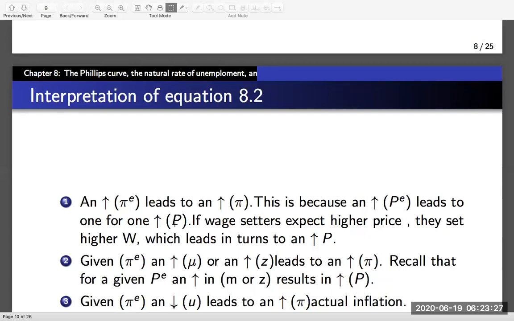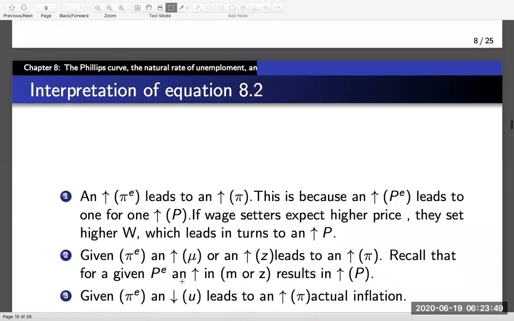Second, if you hold expected inflation constant and increase the markup or increase unemployment benefit, for example, your inflation will also go up. If firms have pricing power and increase prices, that results in an increase in inflation.